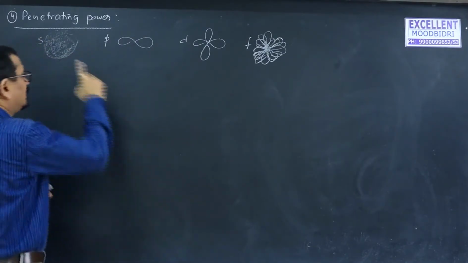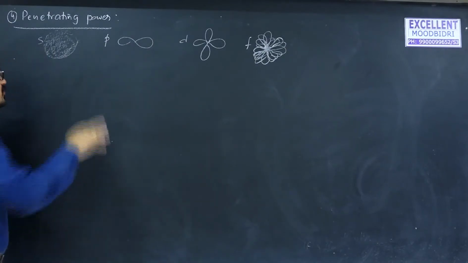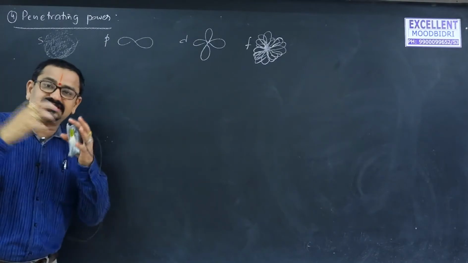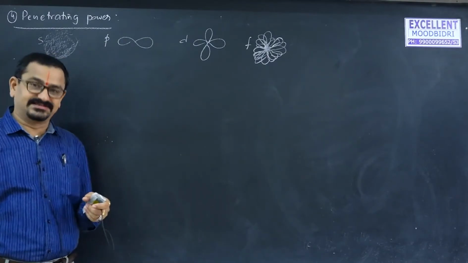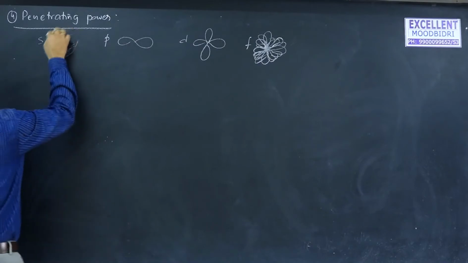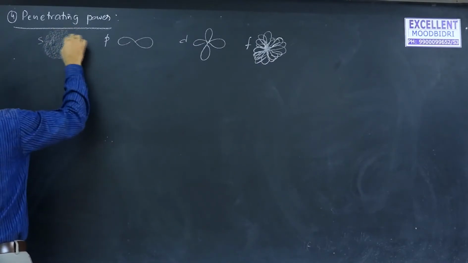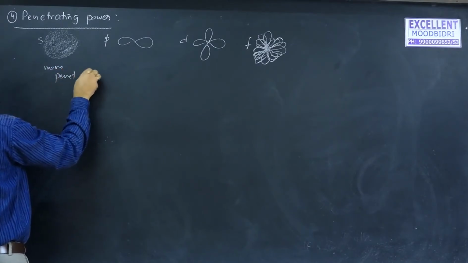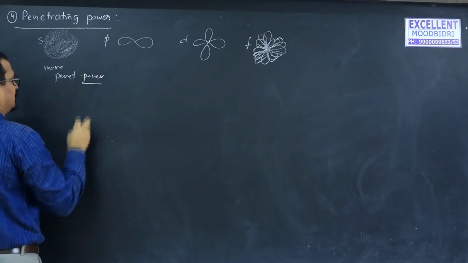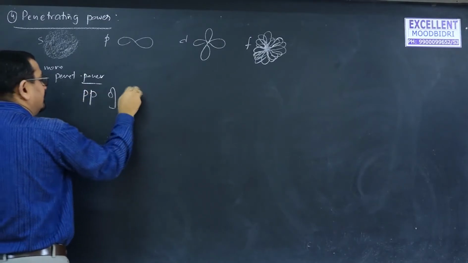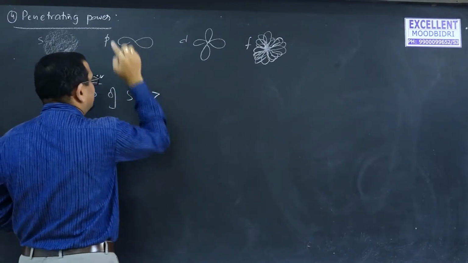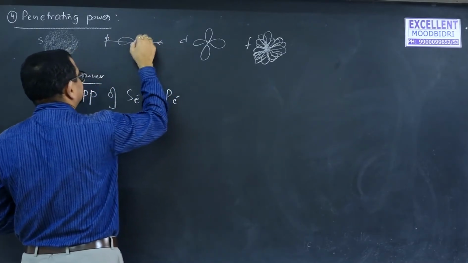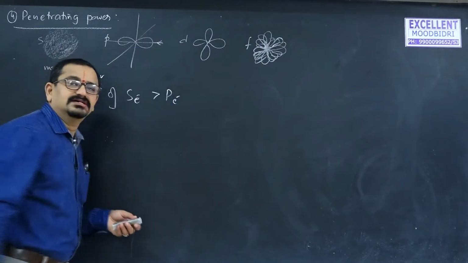Now, among these four orbitals, an s electron has more chances to move towards the nucleus, to penetrate towards the nucleus. As it is spherically symmetric, more penetrating power is shown by an s electron. The penetrating power of an s electron is greater than a p electron, because a p electron can penetrate either along the x axis, y axis or z axis.